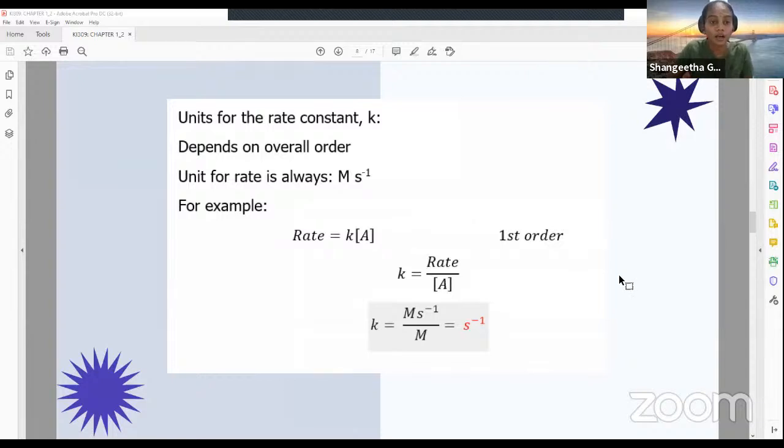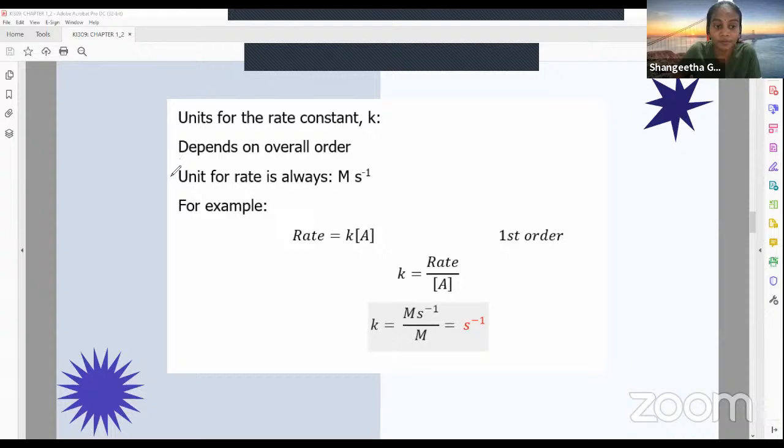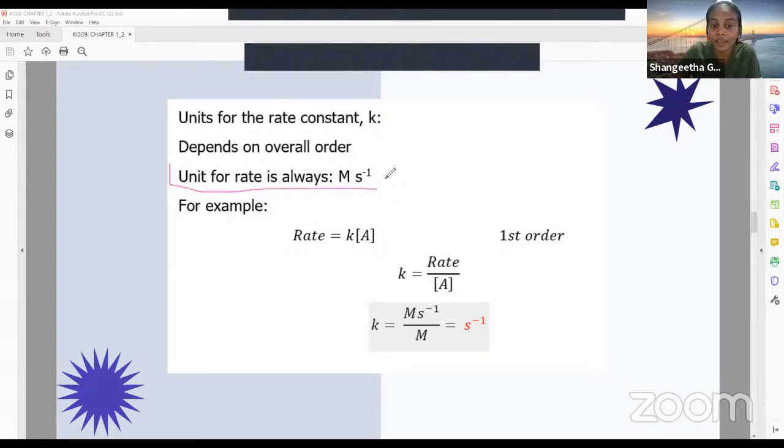Okay, so always remember the units for your rate constant k will depend on the overall order of reaction. Also very important for you to remember, the unit for rate is always M s^-1.